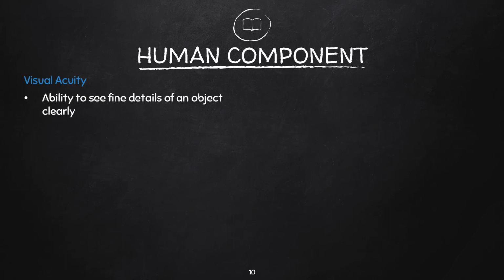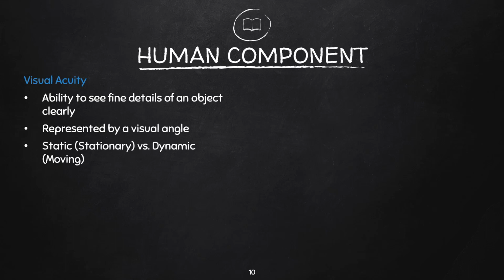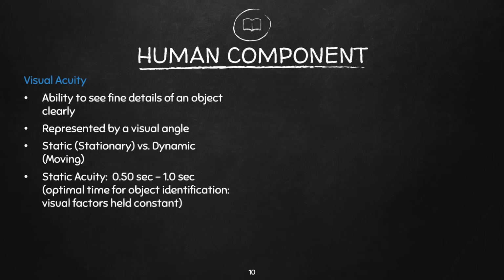This is the ability to see fine details of an object clearly. So this is affected by your age, of course, and the health of your eyes. This is represented by a visual angle. We have the static or stationary and dynamic or moving acuity.